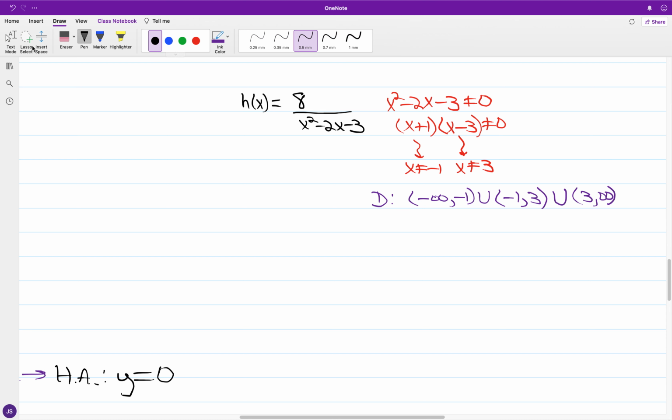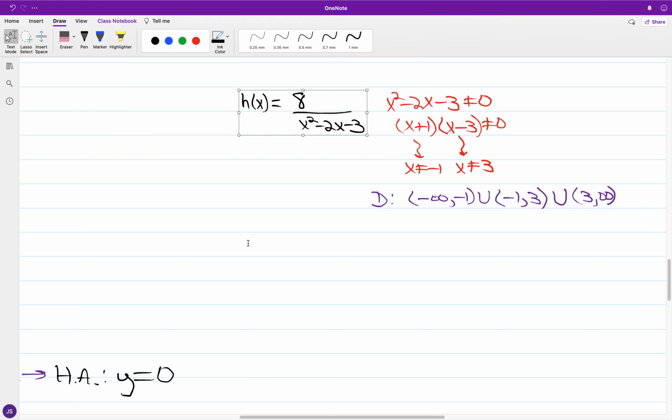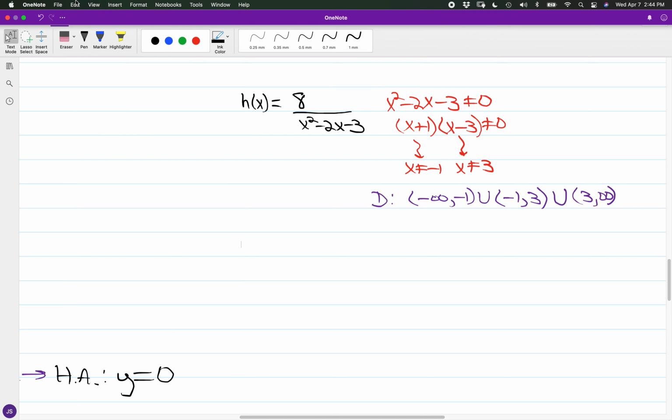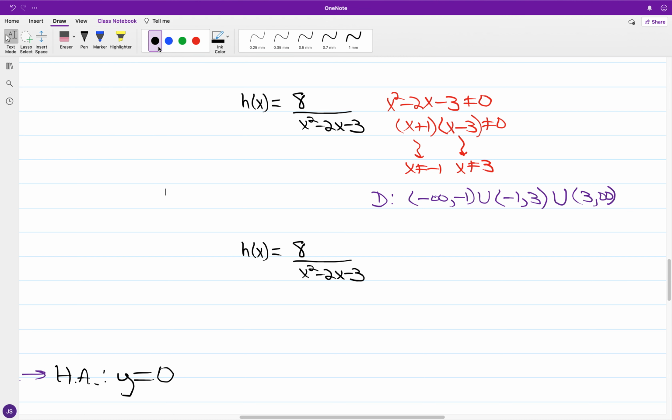And in the case of what we have with the rational function, again, you had just a constant in the numerator.